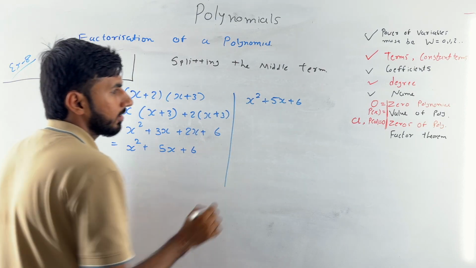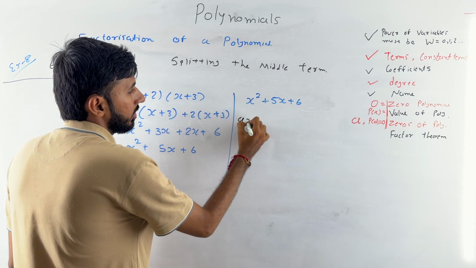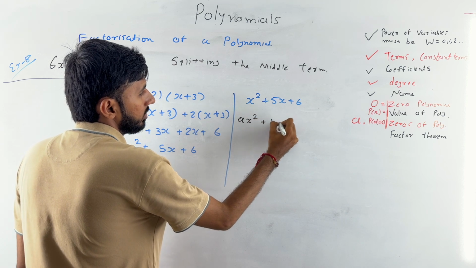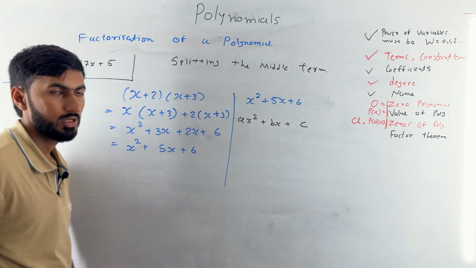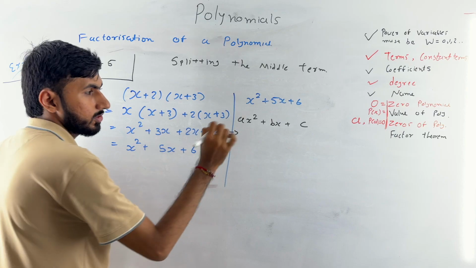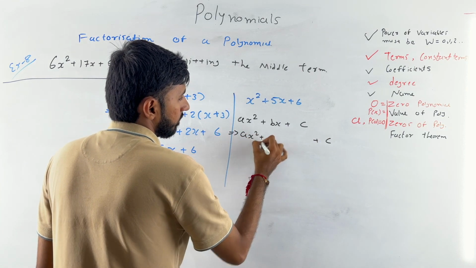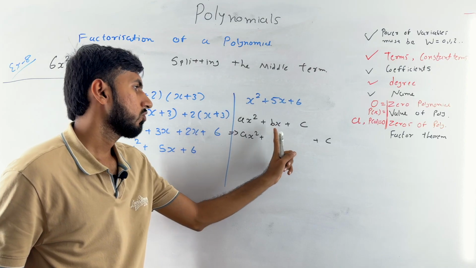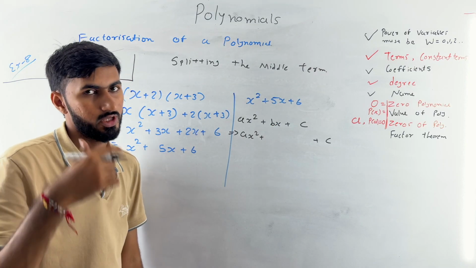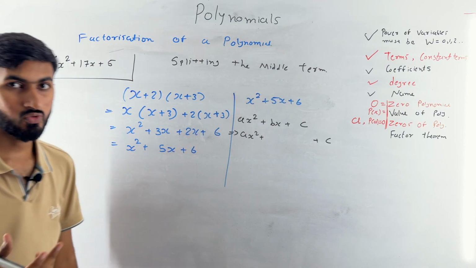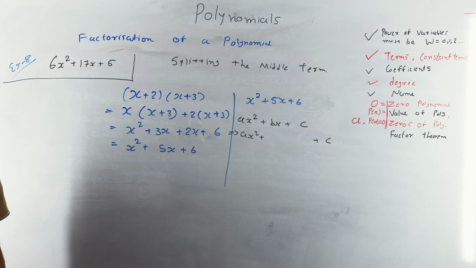So in all quadratic equations of the type ax square plus bx plus c, in the first step, your first term and your last term will be the same. You just have to split the middle term. Now there is a rule or a way to split that middle term, right?